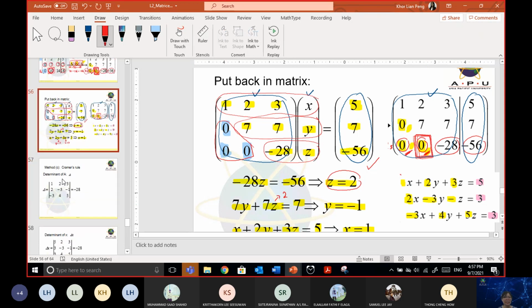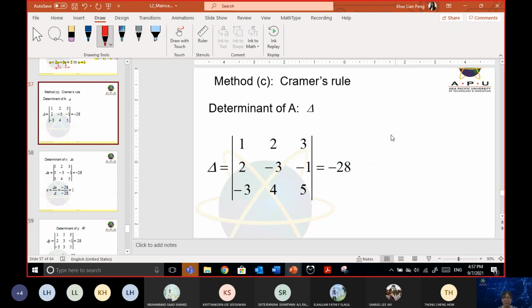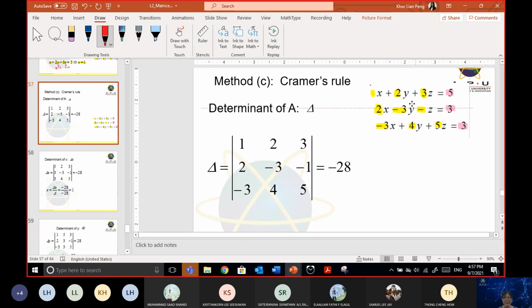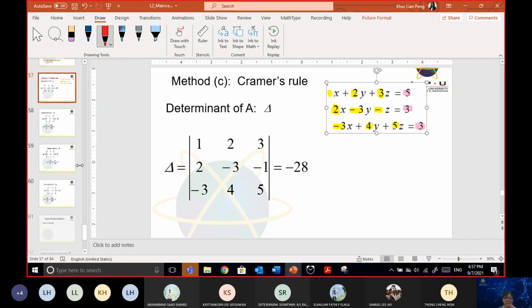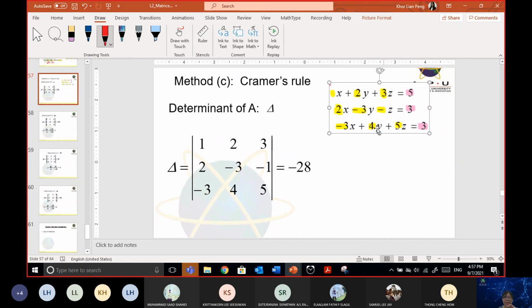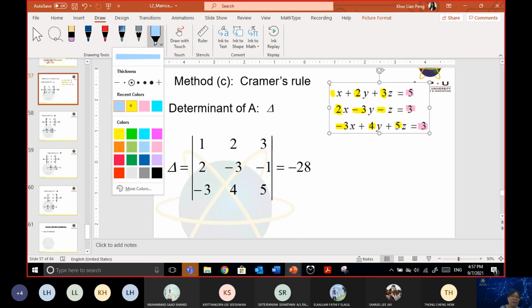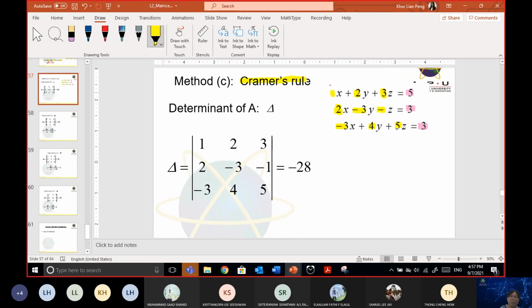So this is the set of simultaneous equations we need to solve. This is method 3: how we solve using Cramer's rule.